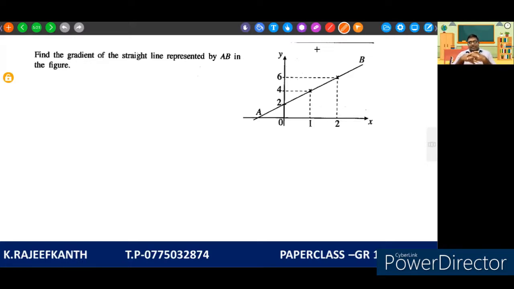Here we know the coordinates of 3 points, so you can take any 2 points. By using the coordinates of those points, you can find the gradient.